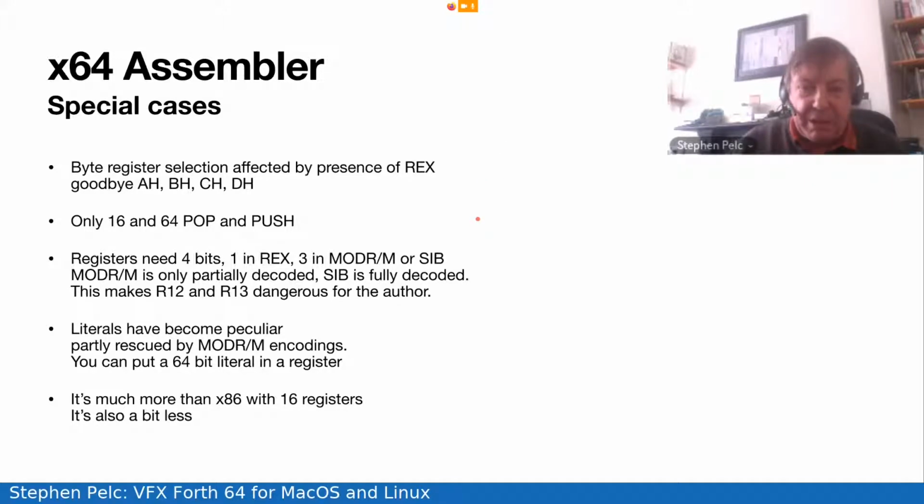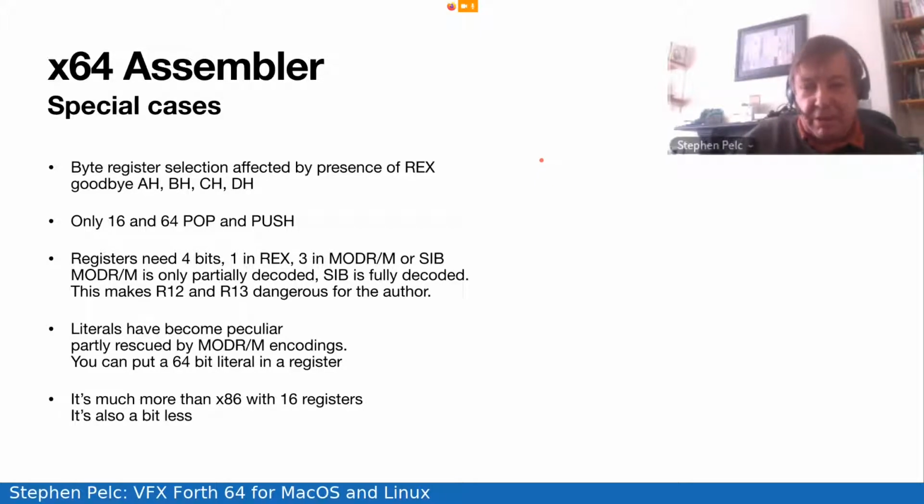Registers need 4 bits, and as I've explained, one of those bits is in the Rex byte, and 3 are in either the mod RM or SIB bytes. If this is meaningless to you, it's about the way the x86 instruction set is encoded. Unfortunately, the mod RM byte is only partially decoded, whereas the SIB byte is fully decoded.